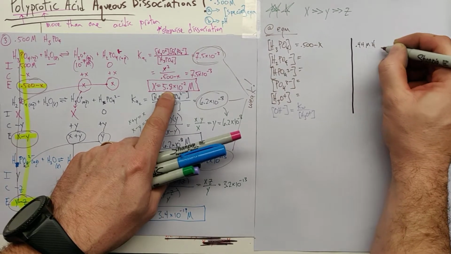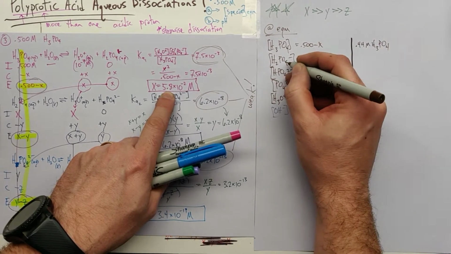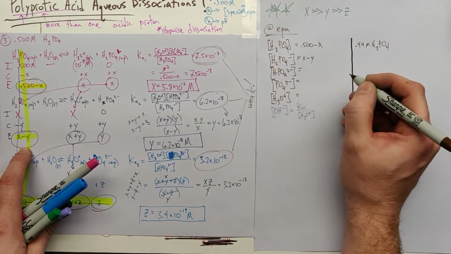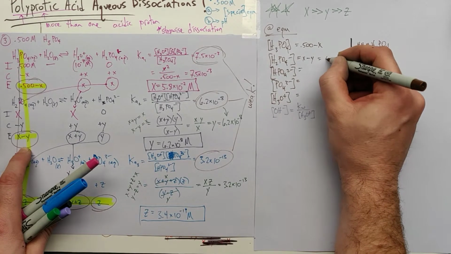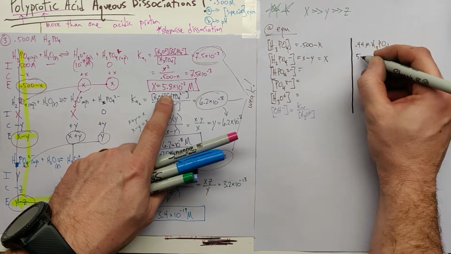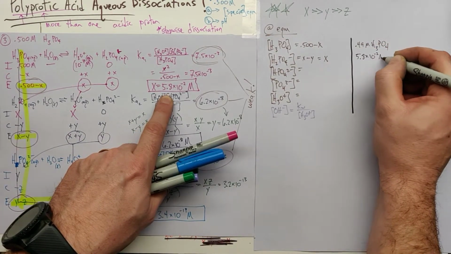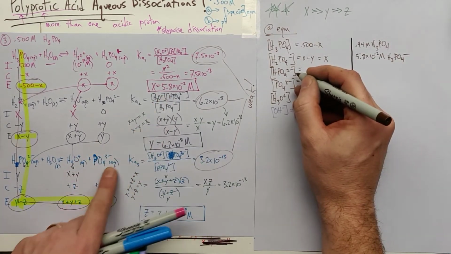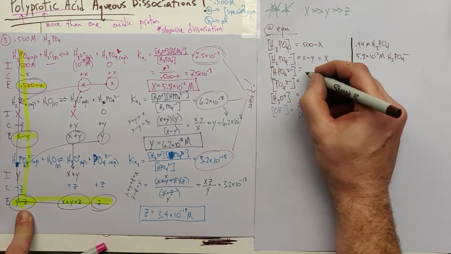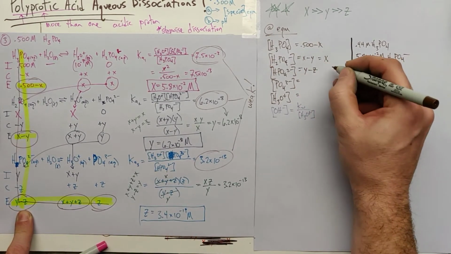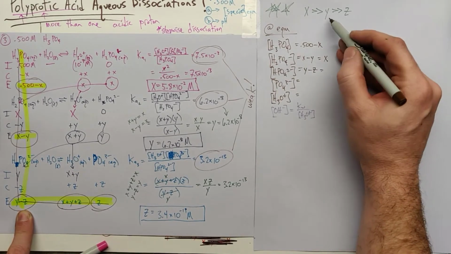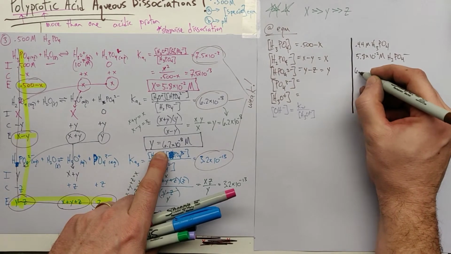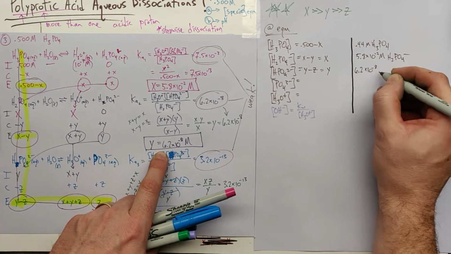0.44 molar H3PO4. All right, H2PO4 minus is supposed to be X minus Y, right? But Y is really small compared to X, so that should just be X, which is 5.8 times 10 to the minus 2 molar H2PO4 minus. Our HPO4 2 minus was supposed to be Y minus Z, which we said since Y is so much bigger than Z, it's just going to be Y. And Y was 6.2 times 10 to the minus 8th molar.